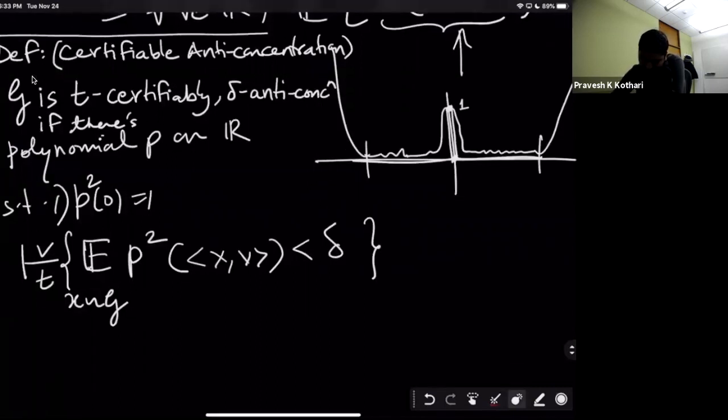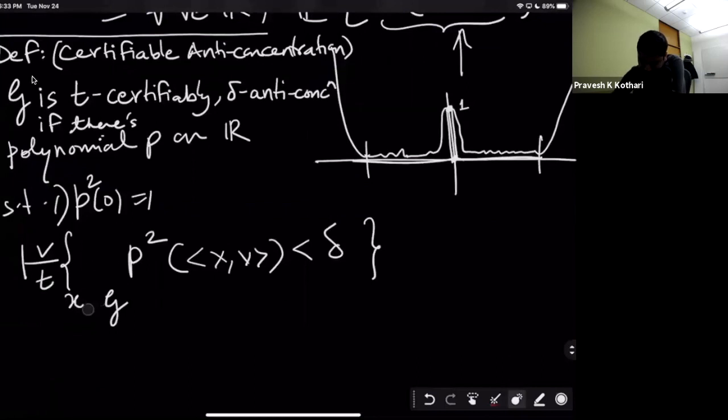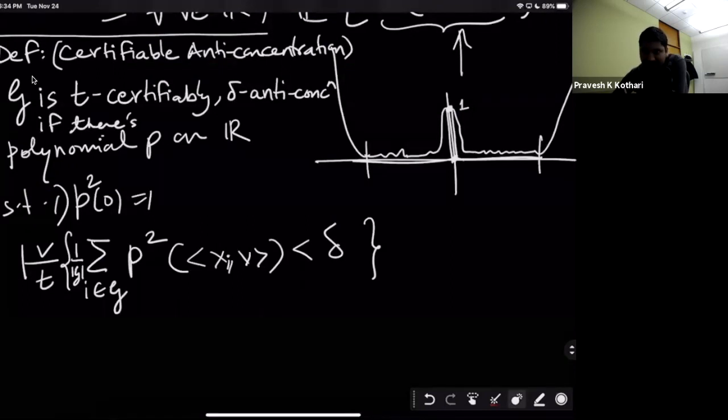Without the sum of squares, the statement simply says that if I average over all the points in G, so this expectation is simply an average, so let's be even more clear, this is simply averaging over all xi's in G, and I compute the polynomial at xi inner product v and average it, then the average is at most delta.